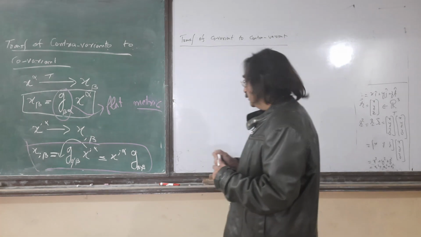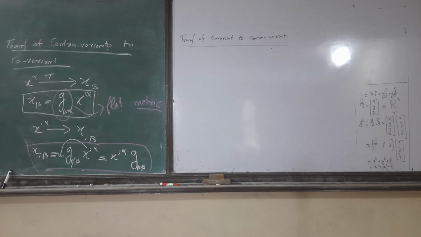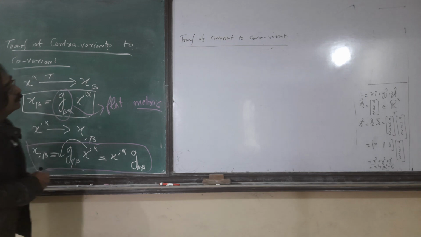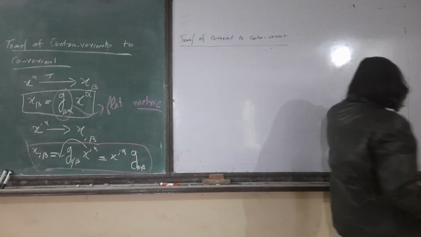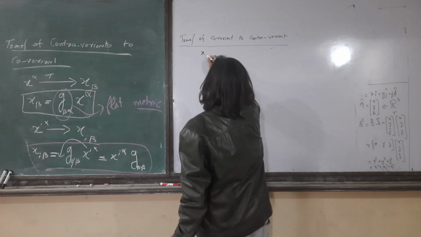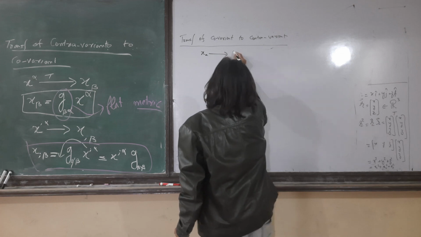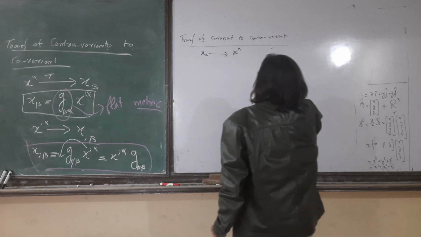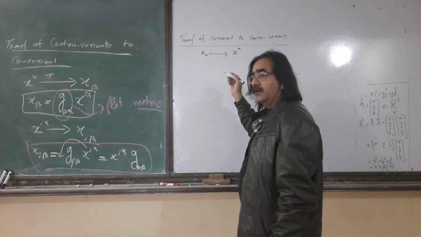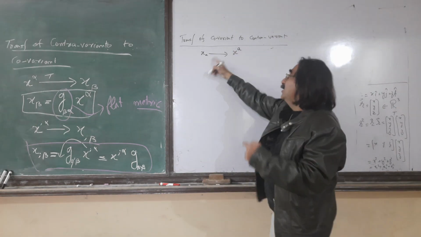If you are moving from contravariant to covariant, covariant to contravariant, alpha to A, alpha to A, that must be different.